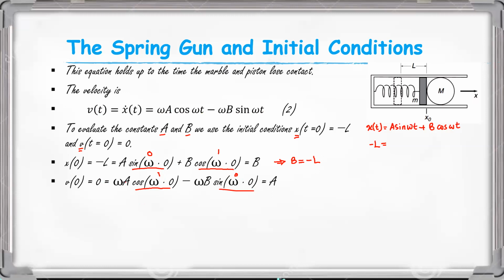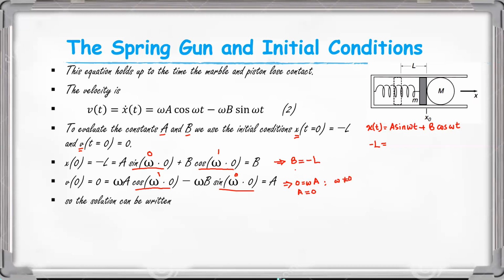So we obtain 0 is equal to omega A. But omega is not equal to 0, so A must be equal to 0. Then we obtain the two constants, B and A.